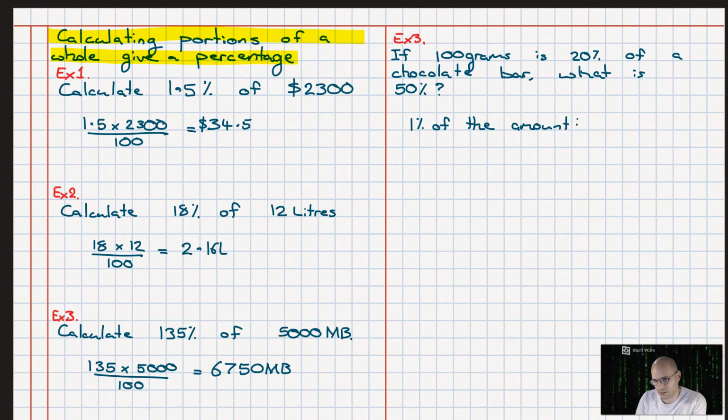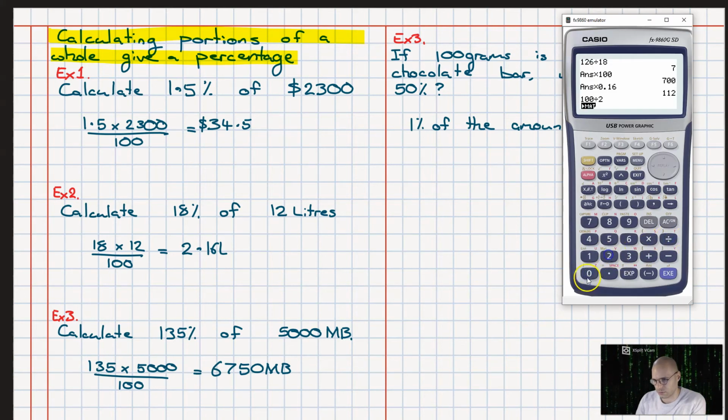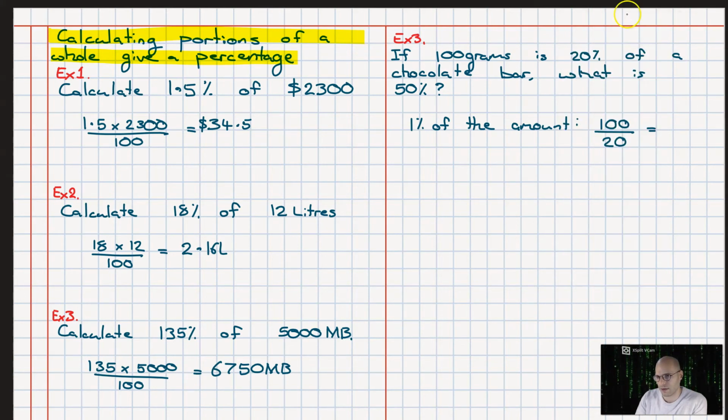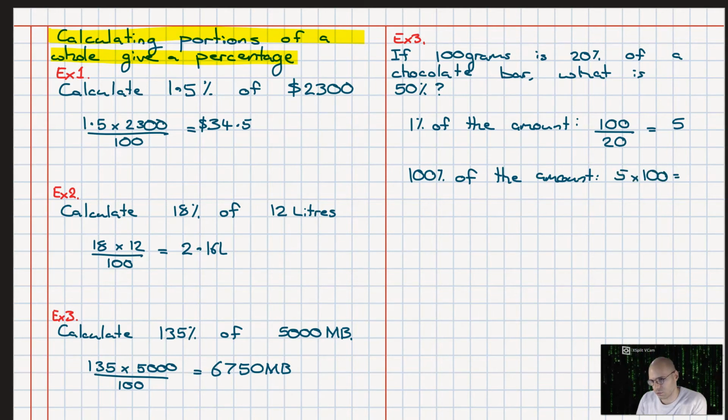So 1% of the amount is going to be 100 grams divided by 20% or just 20, and 100 divided by 20 is 5. So 1% is going to be 5 grams. Now the 100% is therefore going to be 5 times 100, which will be 500 grams.